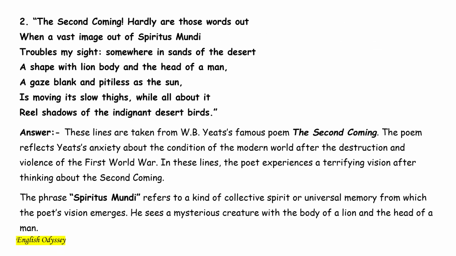Moving on to question 2, this passage is from W.B. Yeats' The Second Coming. Here the speaker describes a frightening vision emerging from Spiritus Mundi. He sees a mysterious creature with the body of a lion and the head of a man.